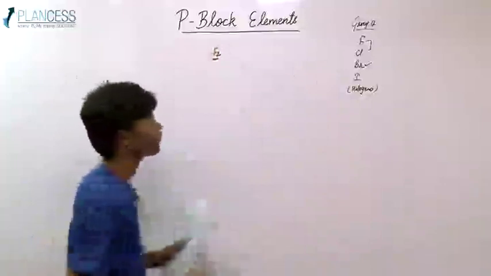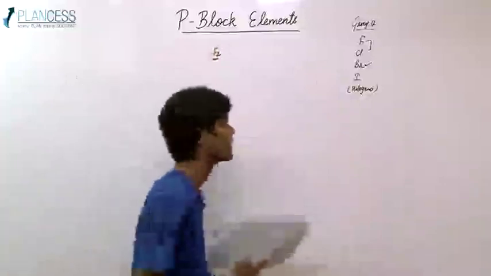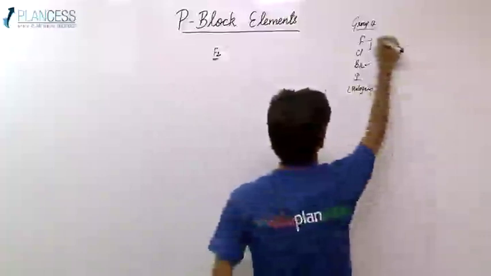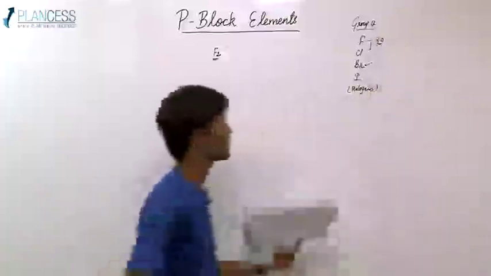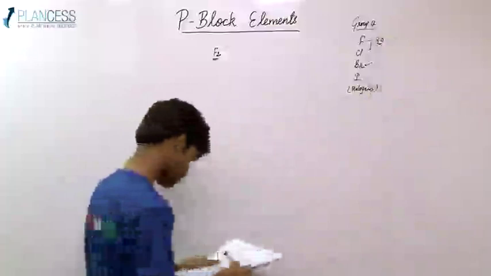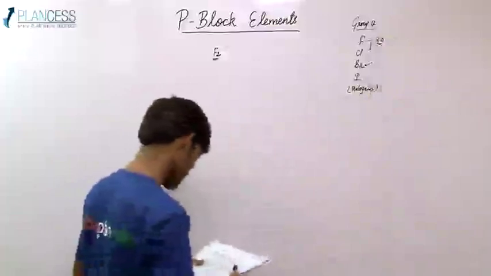So talking about now fluorine, F2. F, as I have told you earlier, is the most electronegative atom. It has an electronegativity of 4 on the Pauling scale, which is the maximum. It can be produced by the electrolysis of CaF2.